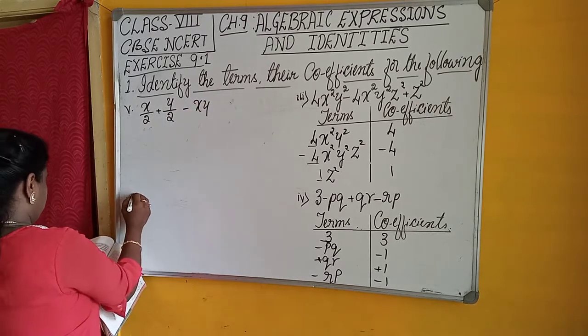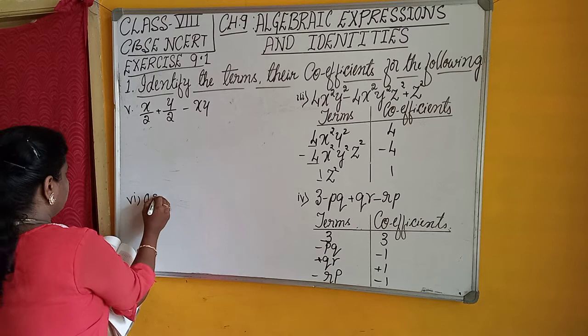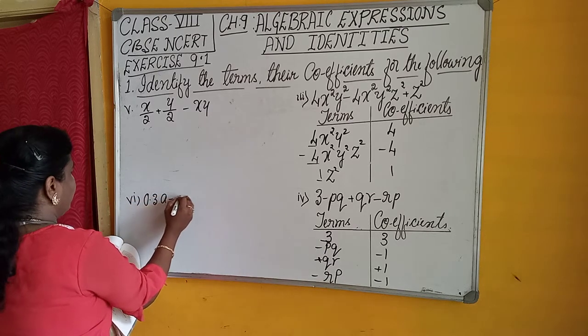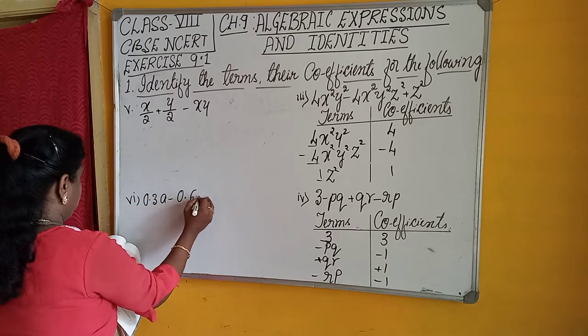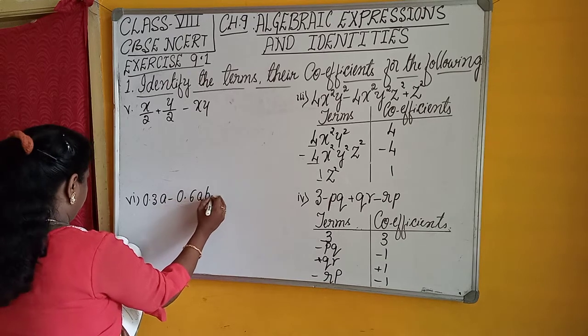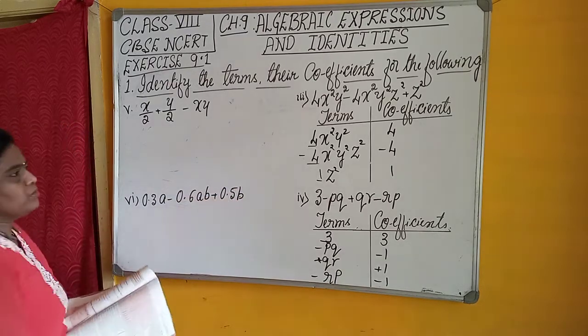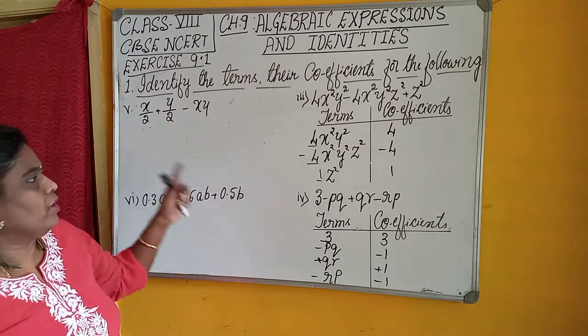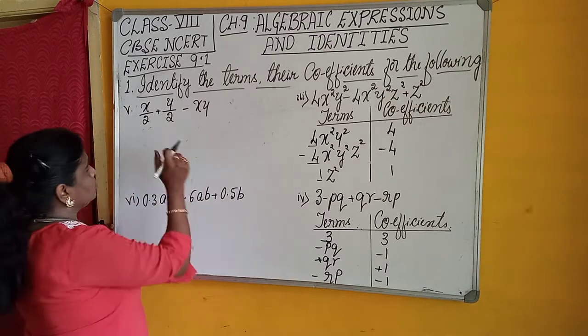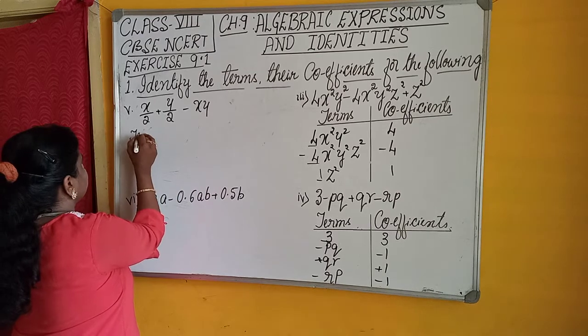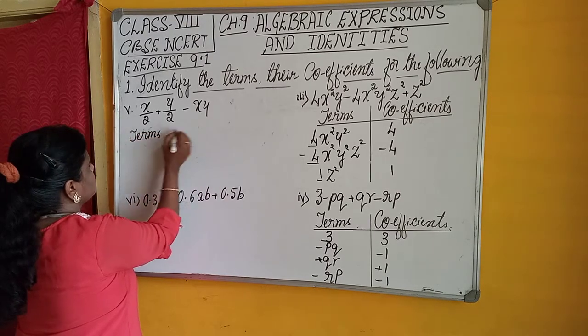Next, the 6th one: 0.38 minus 0.6 AB plus 0.5 B. We have to identify the terms and also the coefficients.